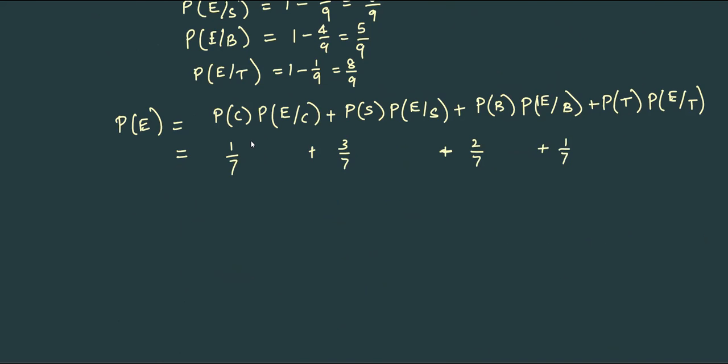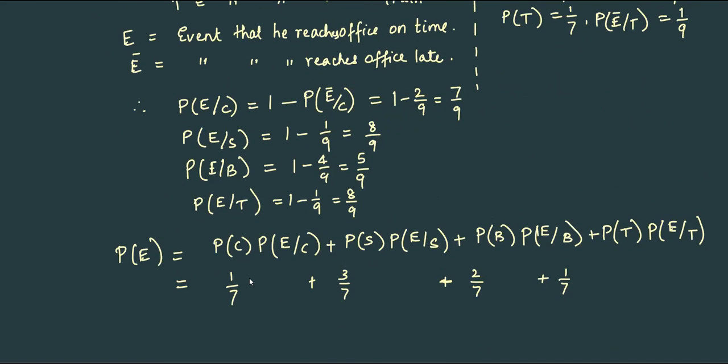So now we just calculate these probabilities here. 7 by 9, E upon S is 8 by 9, E upon B is 5 by 9, and this is 8 by 9.